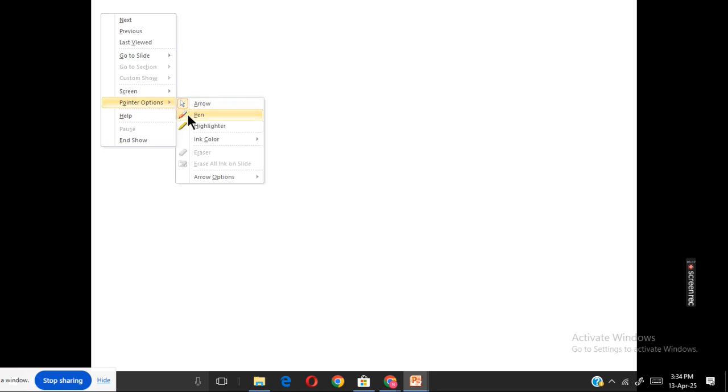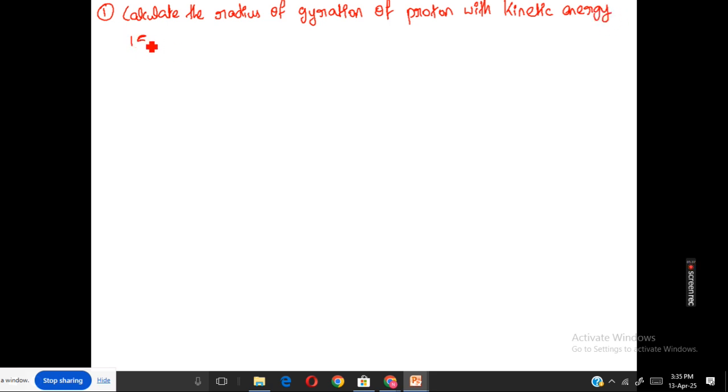So the first question: calculate the radius of gyration of a proton with kinetic energy 15 mega electron volt and magnetic field 0.35 Gauss.